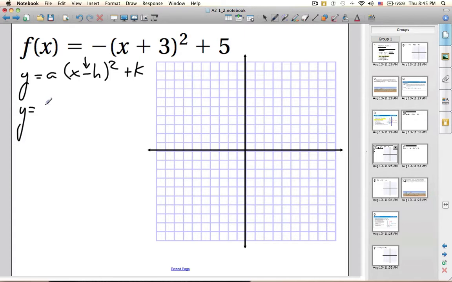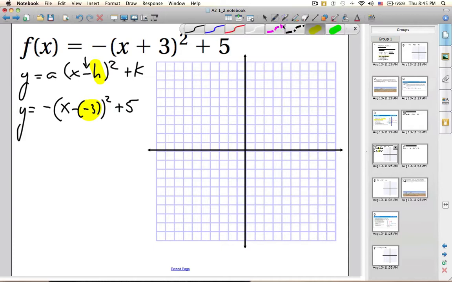Well, I'm going to have the opposite: x minus negative 3 squared plus 5. So you can see that h would be here, whatever's being subtracted from x. In this case, negative 3 is being subtracted from x. And k is this item here at the end. That's 5. Okay, plus k, plus 5.